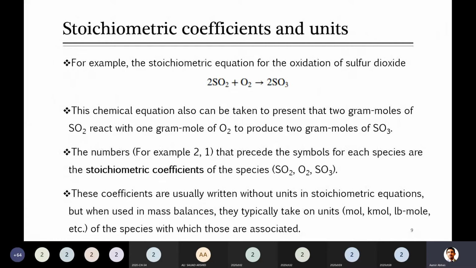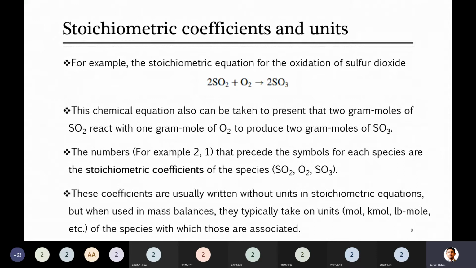When you write these coefficients, most of the time we don't write any unit. But these have units. What are those units? Those units are moles, which are not represented in the equation. For example, 2 moles of SO2 means 2 gram moles, which will react with 1 gram mole of oxygen and produce 2 gram moles of SO3.